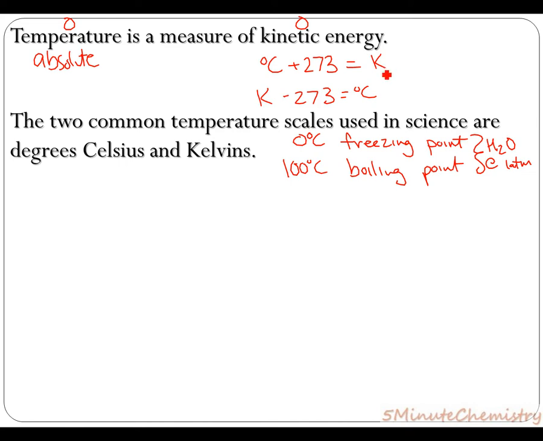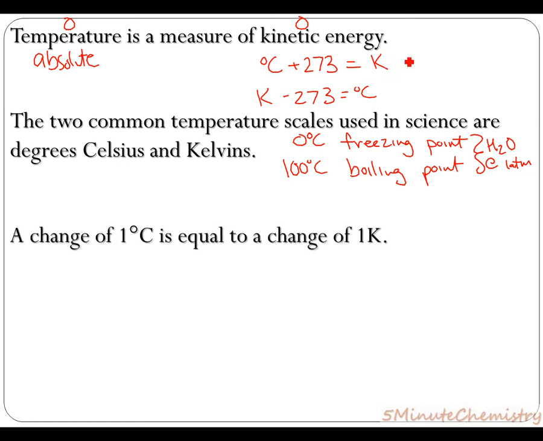The way that you can mentally check this is that the Kelvin temperature should always be a higher value. Now, the reasoning for this is that a change in 1 degree Celsius is equal to a change of 1 Kelvin. So if I had a sample of water boiling at 100 degrees Celsius, and we heated that up to 120 Celsius, the change that we see here is it went up by 20 degrees.